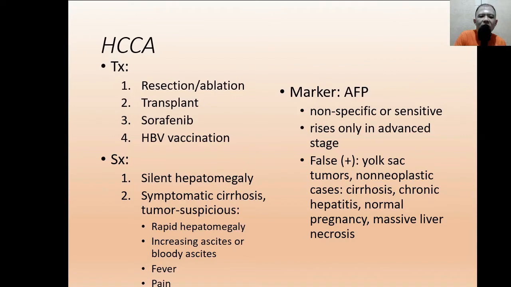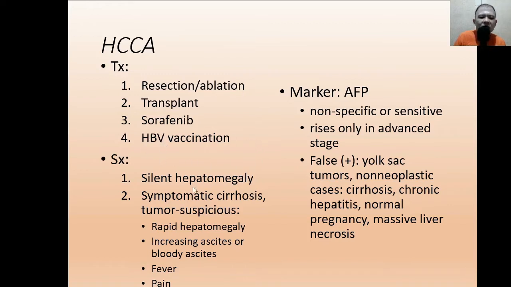When it's well differentiated, you can still appreciate the hepatocytes among the tumor cells. For treatment, we either resect, do a liver transplant, or give chemotherapy. Sorafenib is a tyrosine kinase inhibitor. Hepatitis B vaccination, I think, is just an adjunct.